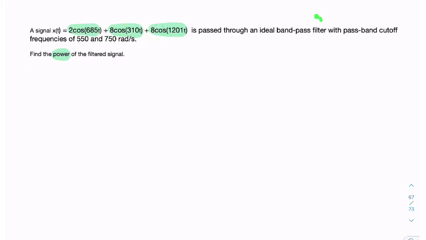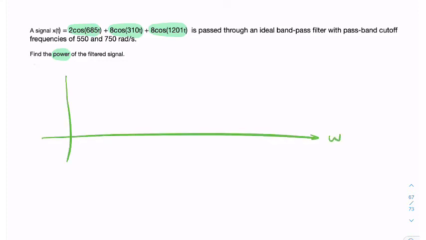But they're being passed through a bandpass filter, so some or all of these might be blocked by the filter. So let's look at the signal in the frequency domain. So here's our omega in radians per second. And we can put our frequencies. So the coefficient of t, that's omega, so that's your frequency in radians per second.